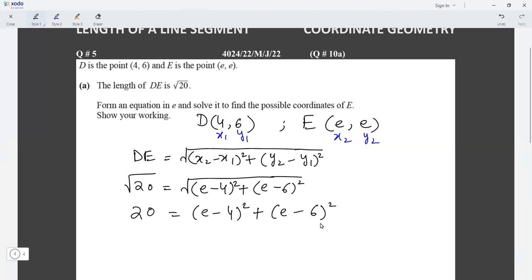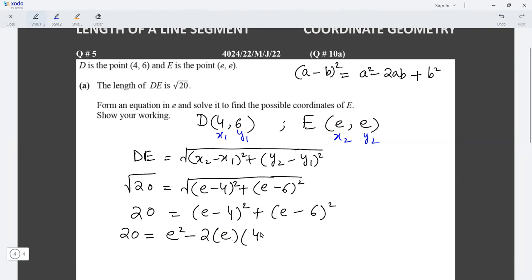So we can apply algebra here because these two are in the (a minus b) whole square form. The formula is: (a minus b) whole square equals a squared minus 2ab plus b squared. Putting this formula here, e squared minus 2 times e times 4 plus 4 squared.